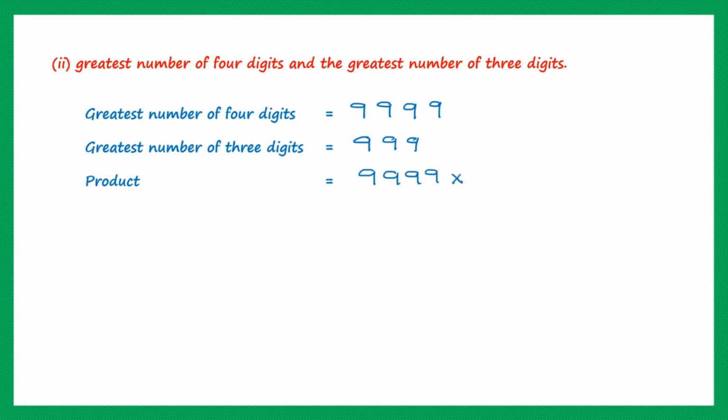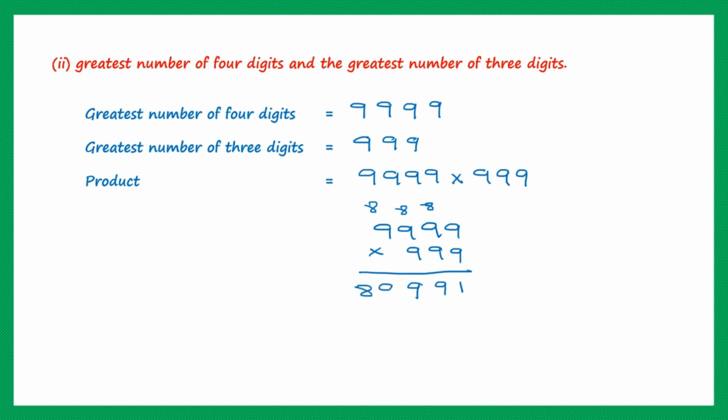9,999 into 999. So let's do this multiplication now. 9,999 into 999. 9 nines are 81, carry 8. 9 nines are 81, plus 8 is 89, carry 8. 9 nines are 81, plus 8, 89, carry 8. 9 nines are 81, plus 8, 89.